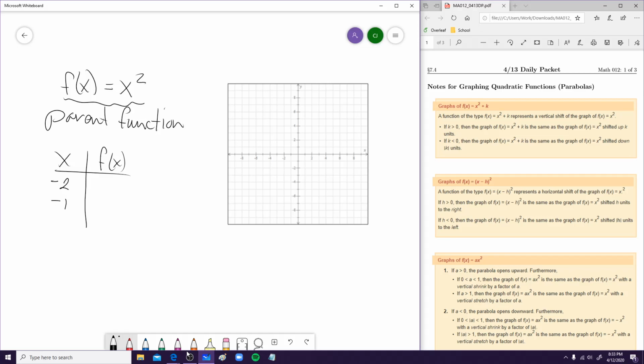So I pick -2, -1, 0, 1, 2. If I want to find the points of f of x or y, wherever I see an x, I'm going to plug in -2. So -2 squared is 4. -1 squared is 1. 0 squared is 0. 1 squared is 1. 2 squared is 4. So our graph looks like this.